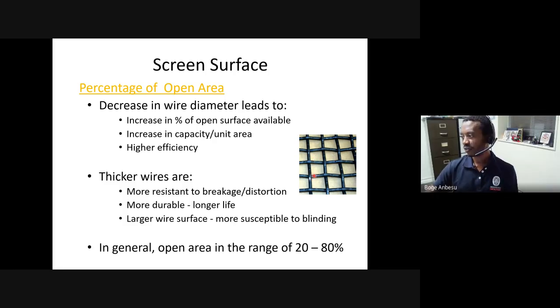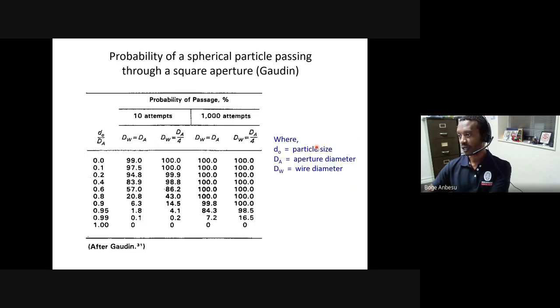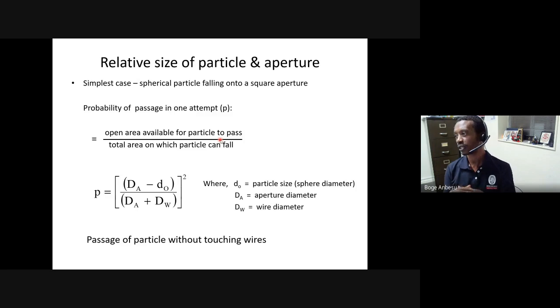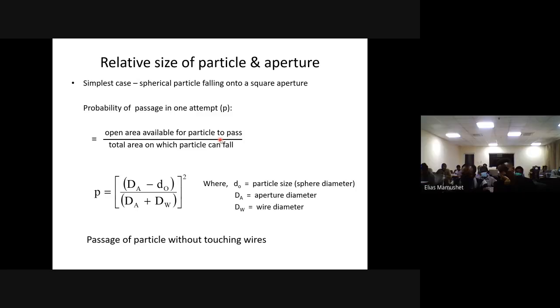Even if there were slight differences between the openings, I know the average size is fixed. So what I want to know is the fraction of particles that are very close in size to my screening aperture. If there is a large fraction of particles very close in size to the aperture size, then screening is difficult.